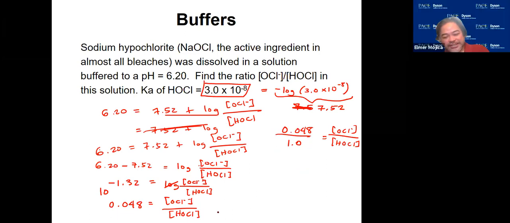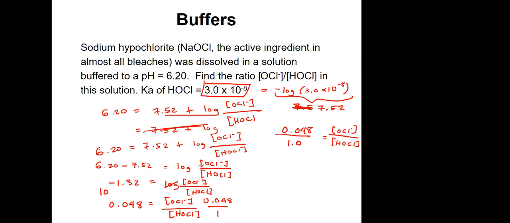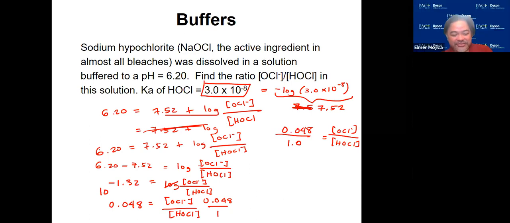So for every one of HOCl, that means there's a corresponding 0.048 of OCl minus, right? Because 0.048 divided by 1 is 0.048. Does that make sense? Everyone? Yes. Okay. Because the one that you have here, find the ratio of your conjugate base over the acid.